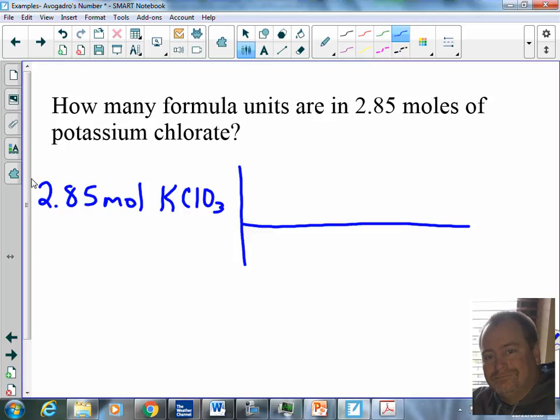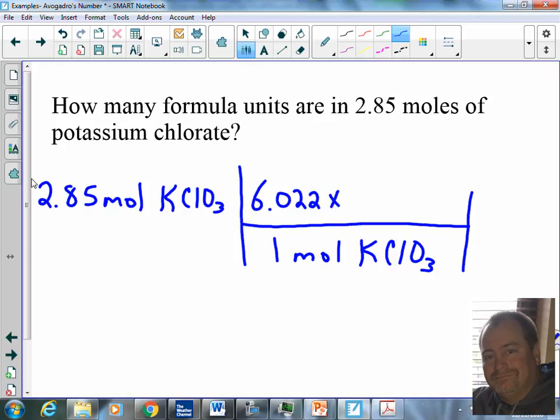Moles, right? So I'm going to put that on the bottom, which if you follow your flux capacitor, it'll say this also. 1 mole of KClO3, and on the top is Avogadro's number, right? Isn't that the conversion factor that follows that green arrow from mole down to representative particle?